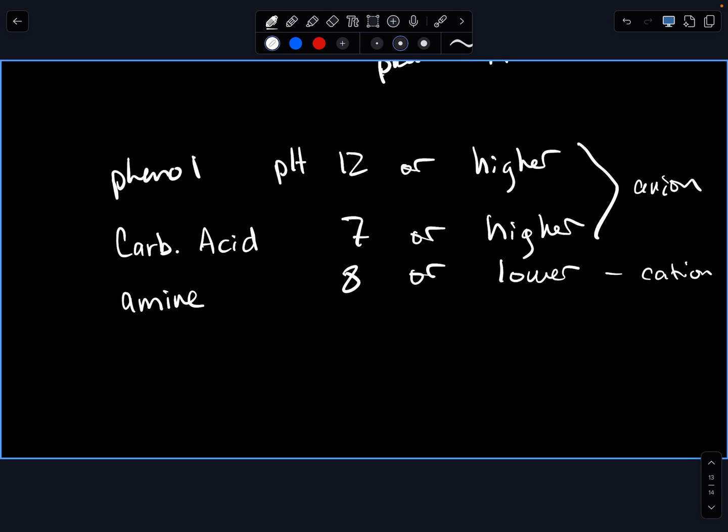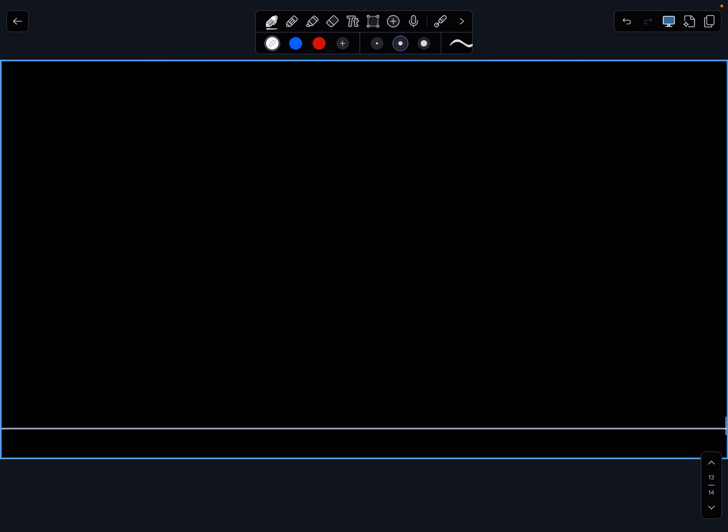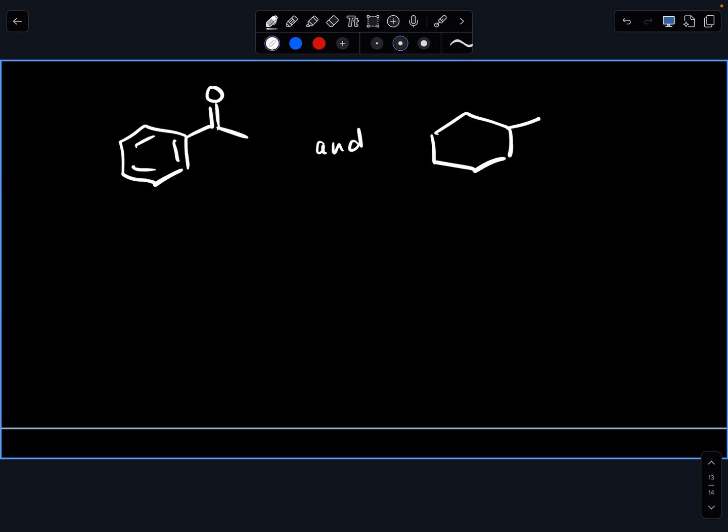What's an example of a question you might see? Maybe a question like this, where I might say, you have a mixture of this molecule and this molecule.